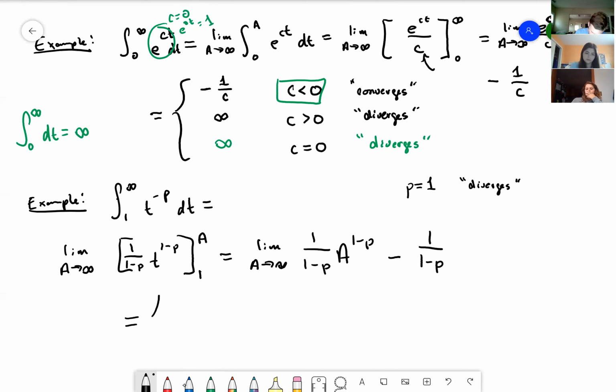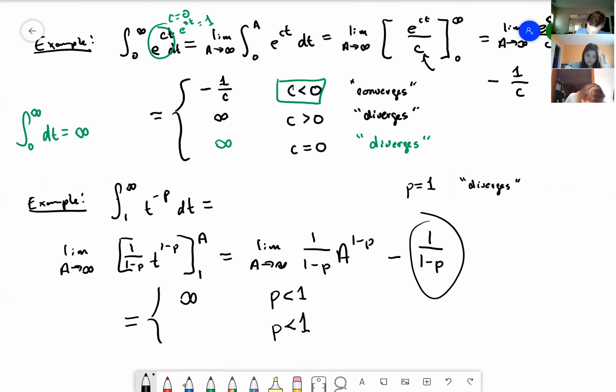So this thing, like we said, if p is less than 1, then t to the 1 minus p gets arbitrarily large, and this thing stays exactly the same. So infinity minus a finite. Now in the other case, if p is greater than 1, then this thing goes towards 0, as a gets bigger and bigger, a to the 1 minus p goes towards 0.